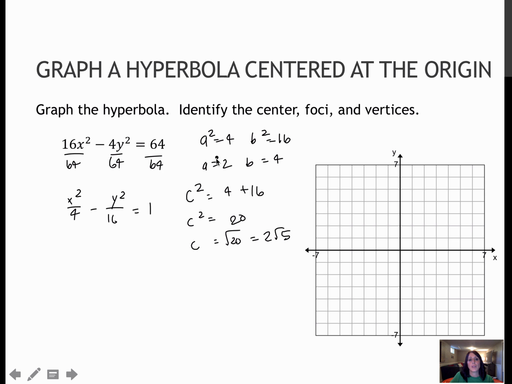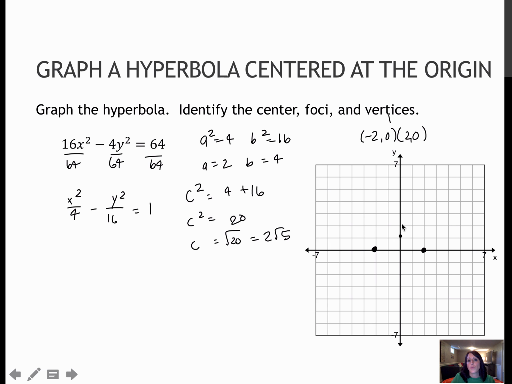And I'm going to go ahead and plot the a and the b values. So again, 2 on the x, and those are actually my vertices. So my vertices are negative 2, 0, and 2, 0.